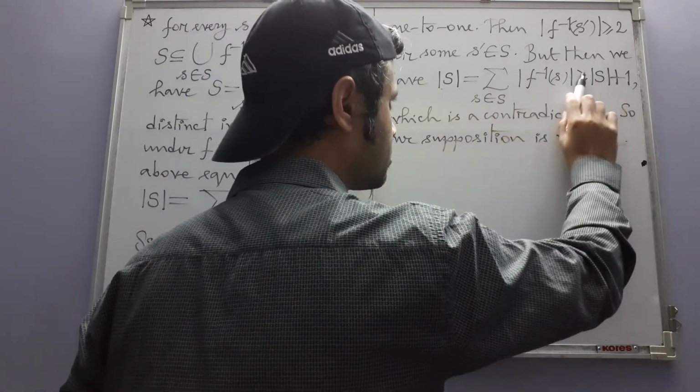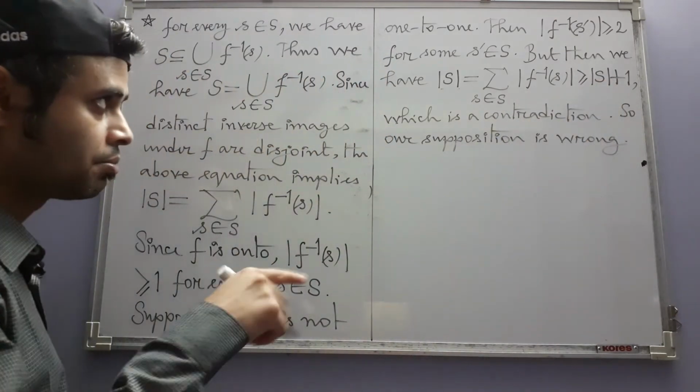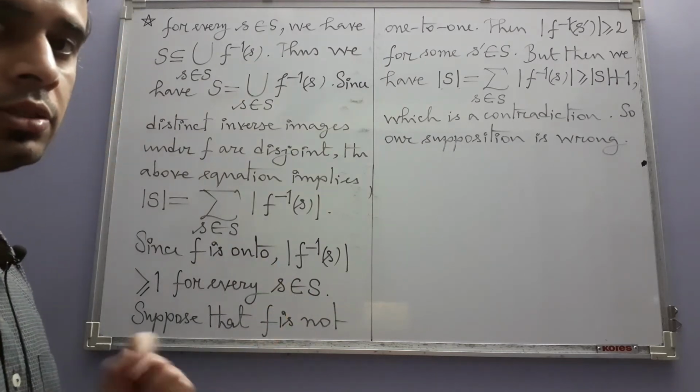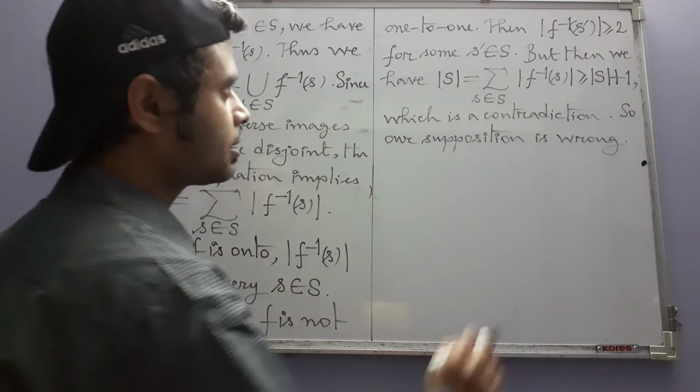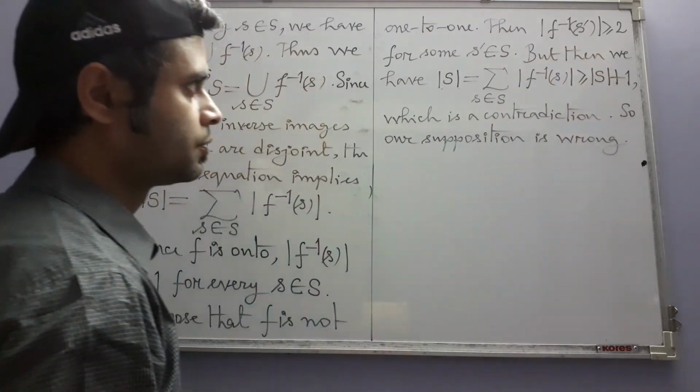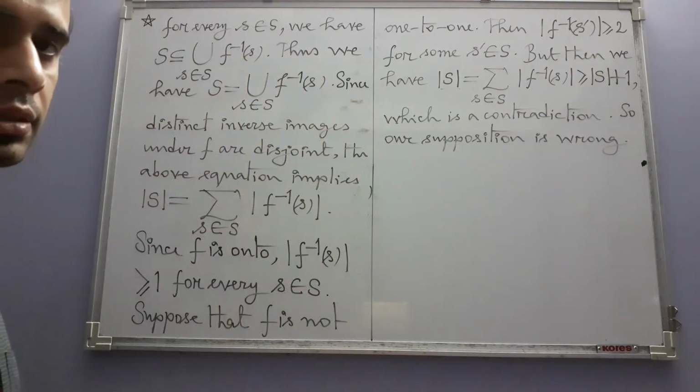So all those ones together give us this, plus there is at least one extra, and that extra is coming from here. So that's how we are getting that inequality.